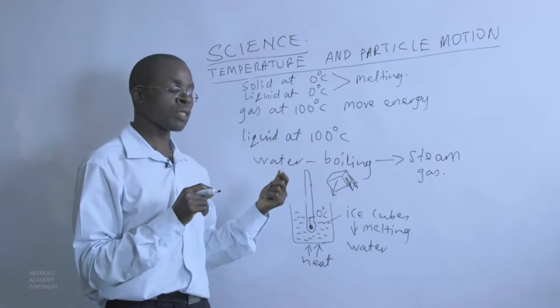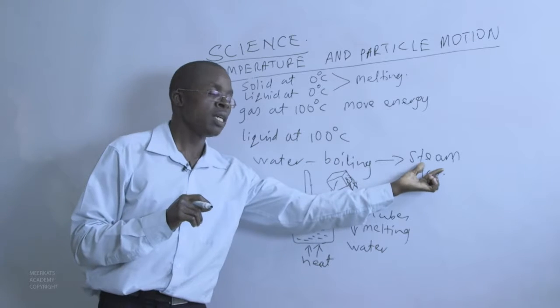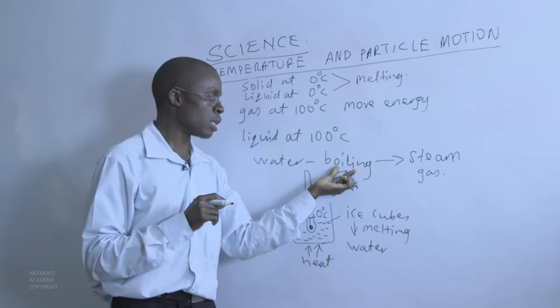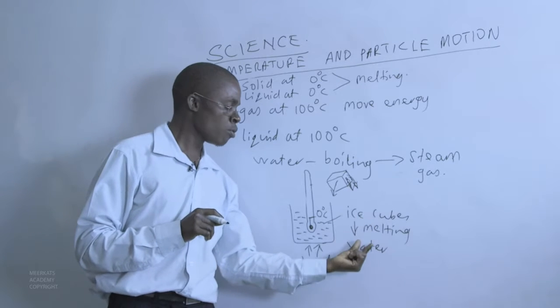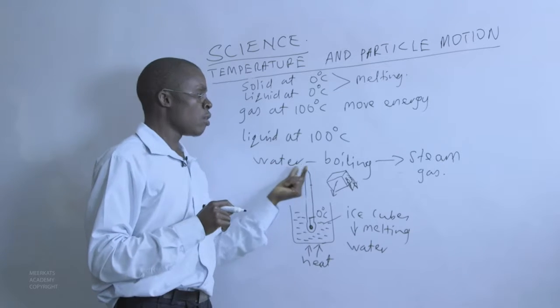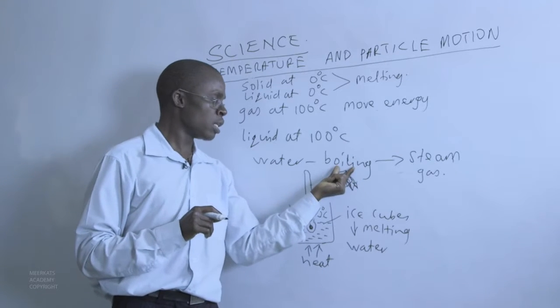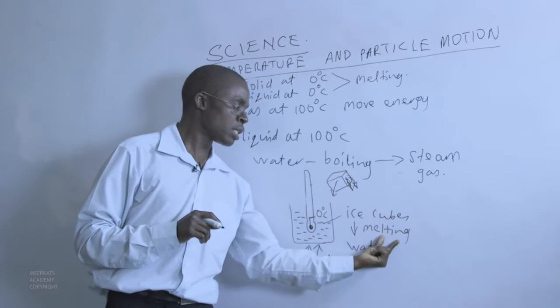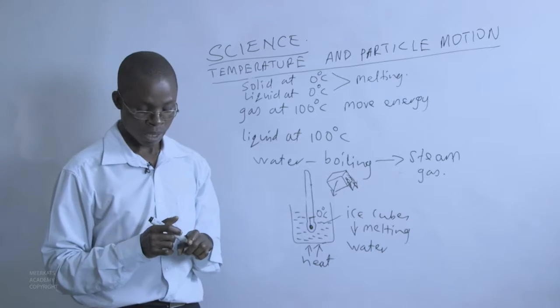Breaking or weakening forces in water to form steam in a process called boiling. Weakening forces in ice to form water, melting. Weakening the forces in water, forming steam, boiling. And at boiling stage and melting stage, the temperatures are constant.